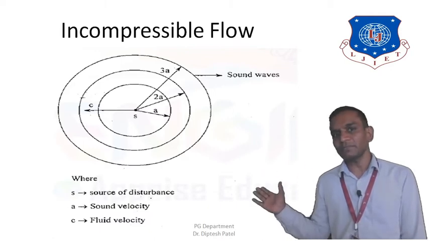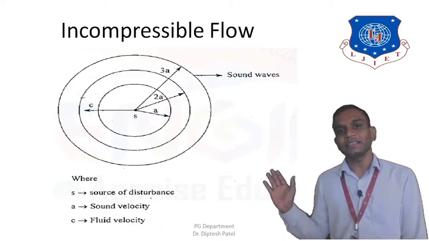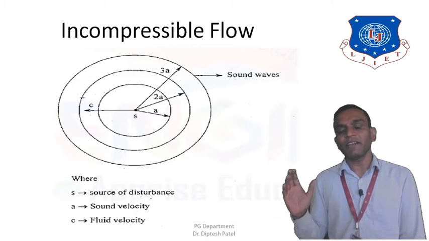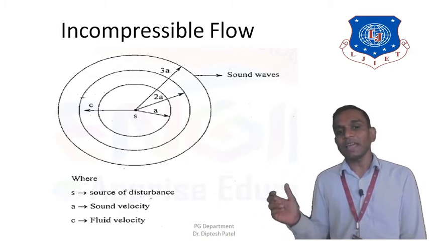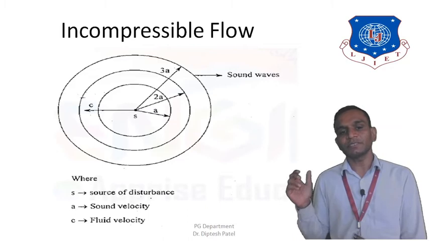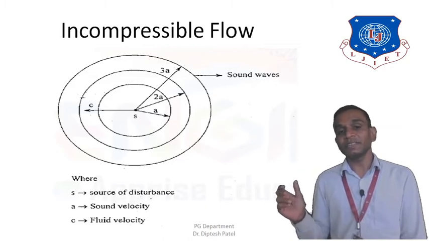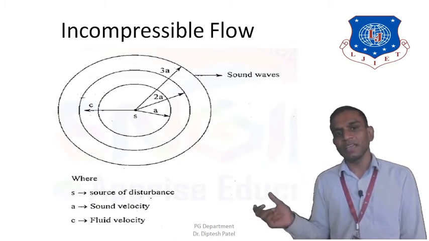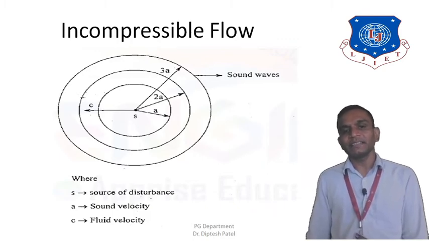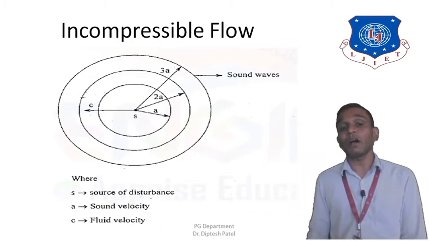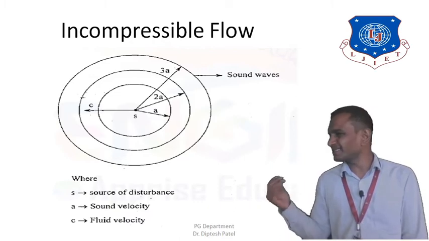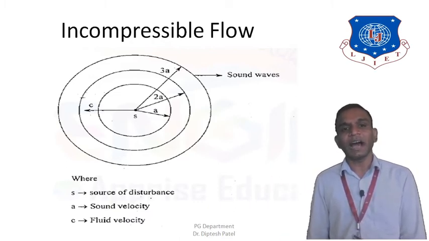Now as we have discussed in the previous slide, in incompressible flow the velocity of the source of disturbance is small as compared to the velocity of sound, and therefore you can see that infinitesimal sound waves, or you can say spherical waves, are generated.